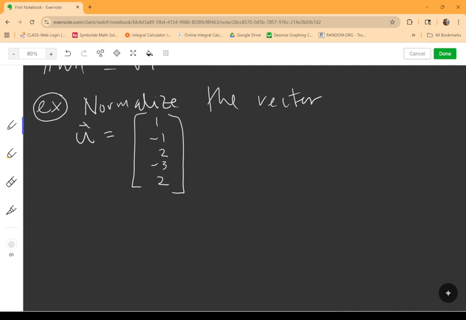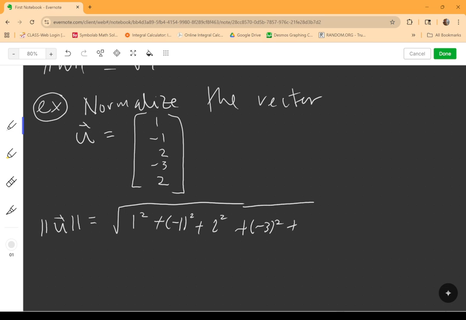We'll start off by finding the norm of u, which is the square root of 1 squared plus negative 1 squared plus 2 squared plus negative 3 squared plus 2 squared.